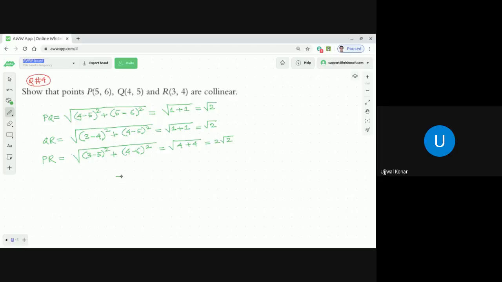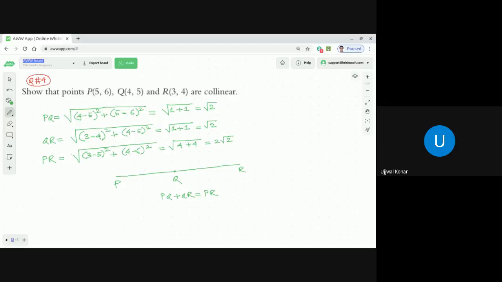Because if this is the point P and this is the point Q and this is the point R, if you add PQ plus QR and it is getting PR, then obviously they have to be collinear, no?